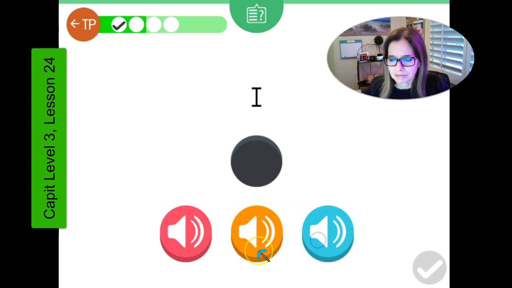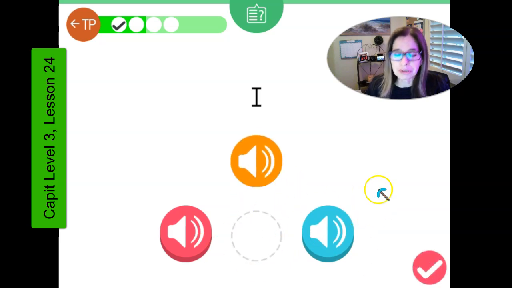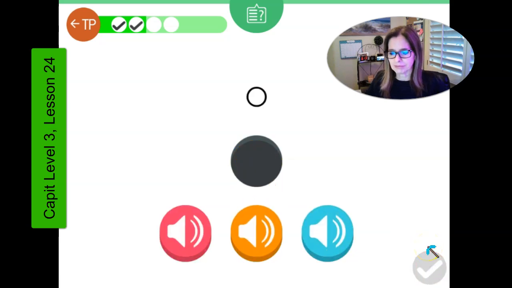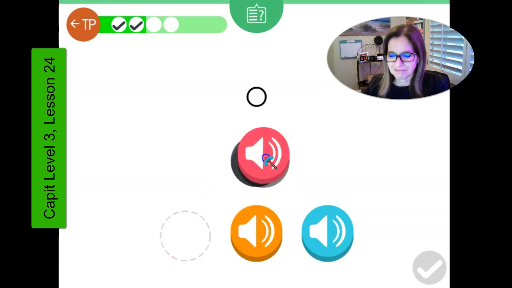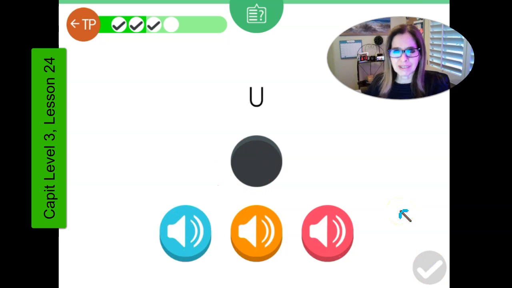I. The only one of these three that it can possibly be is I. So I'm going to choose I. Now I see as in olive. Now I see as in umbrella.